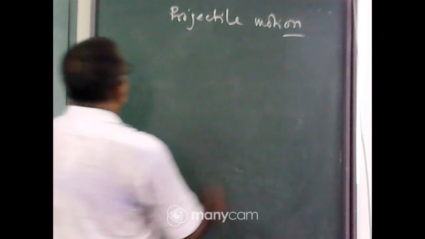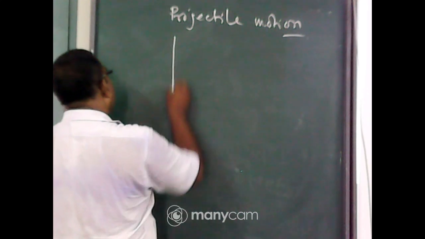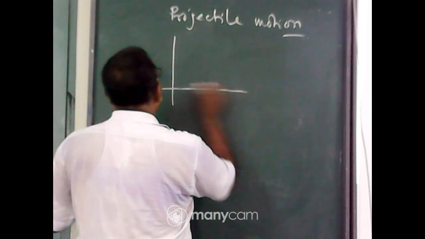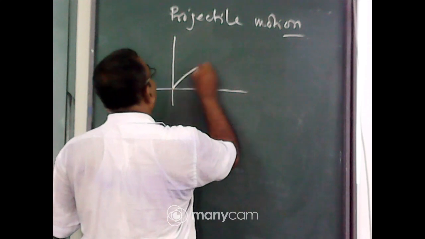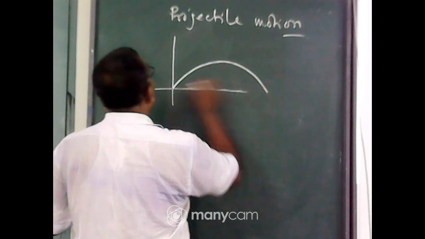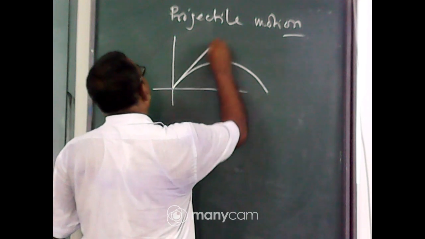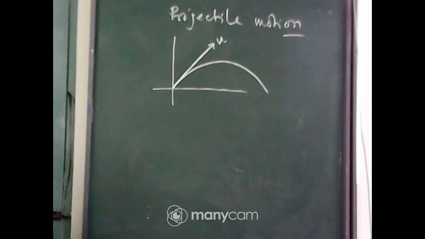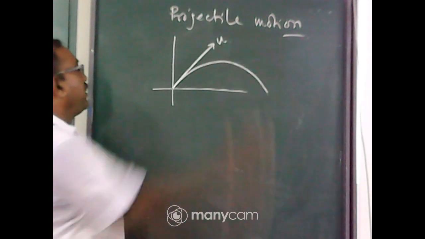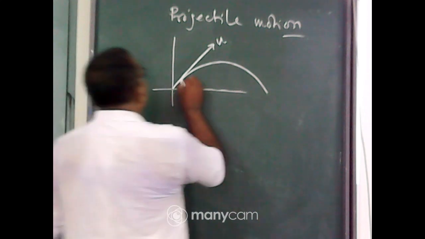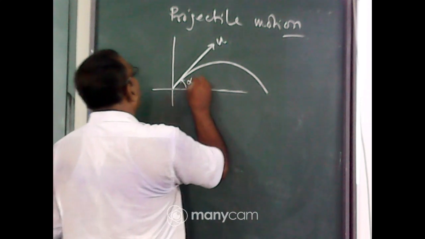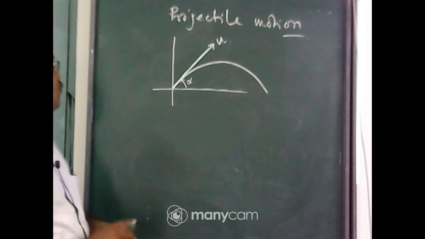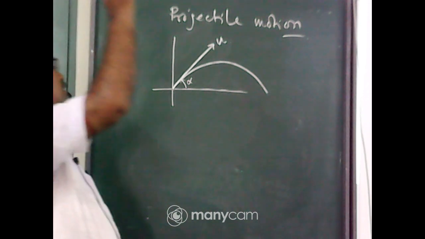Okay, so different types of projectile motion, you know it from your daily life. If you throw the ball in this direction, means at an angle alpha with the horizontal, you throw the ball, not the vertical.